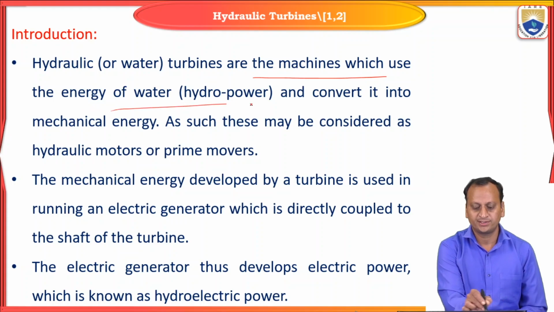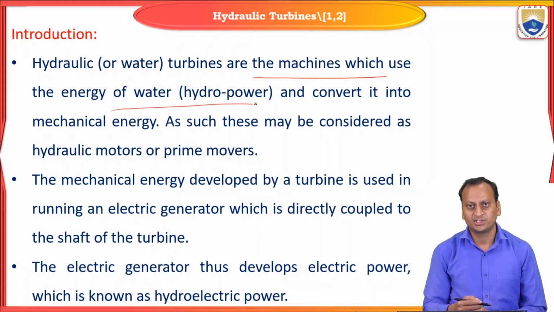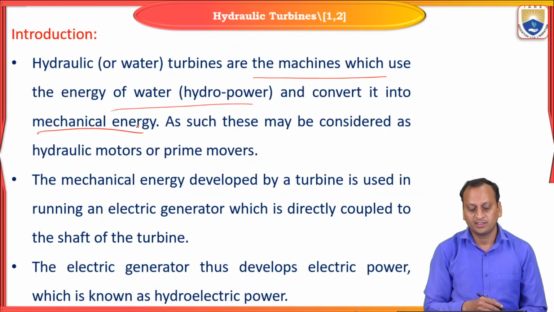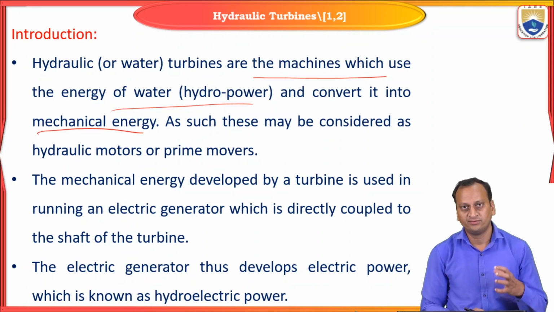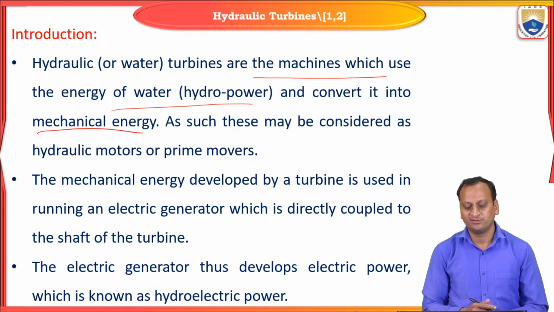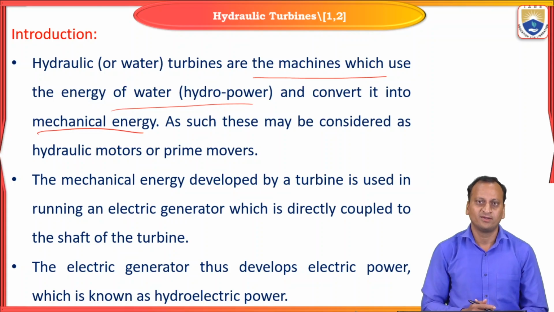Basically, it uses the energy possessed by the water as an input, and it is converted into mechanical energy. The mechanical energy is nothing but what rotates the turbine shaft and thereby the rotor, so that while it is connected to a generator, it generates power.